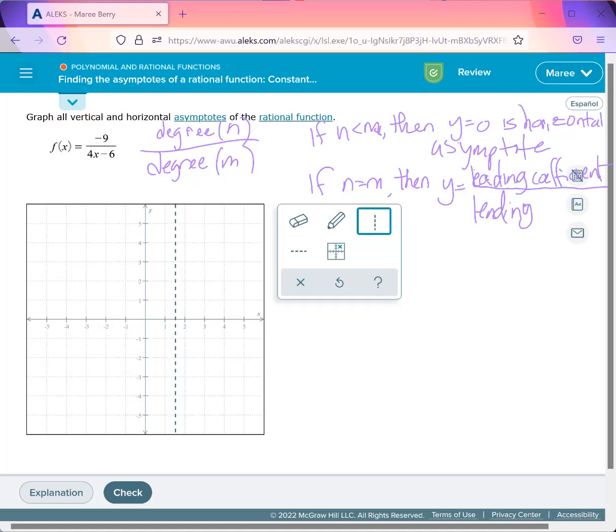The leading coefficient is just the coefficient of the x term that determines the degree of the function. And the last one is if n is greater than m, then there is no horizontal asymptote.